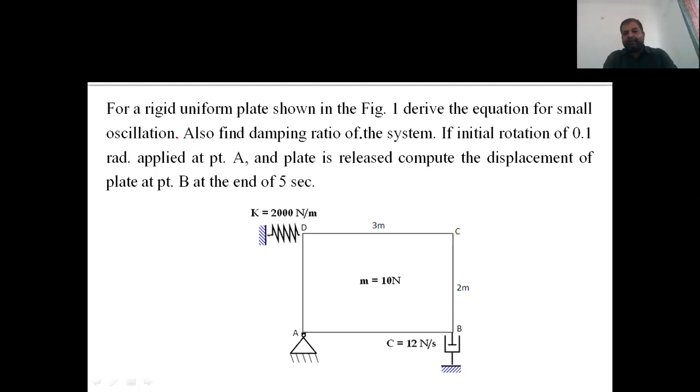Also find the damping ratio of the system. Yes, you need to find the value of eta. If an initial rotation of 0.1 radian is applied at point A, meaning I am considering point A is here, and the plate is released, then compute the displacement at point B at the end of 5 seconds.